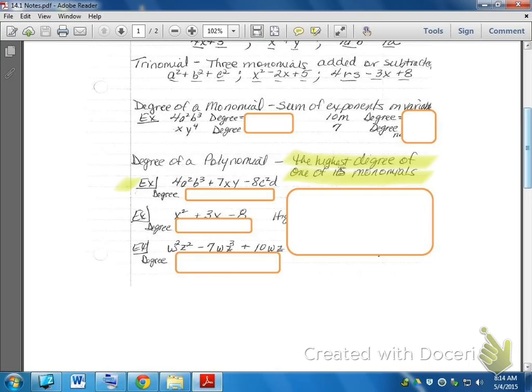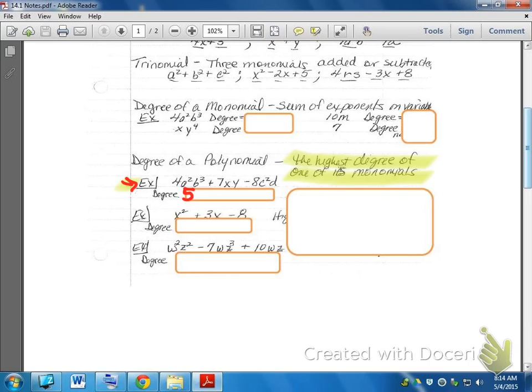So let's look at our first example. The first example is 4a squared b cubed plus 7xy minus 8c squared d. So, first term, 4a squared b cubed. What is the degree of that term? 5. So I'm going to write it right below it. 7xy.